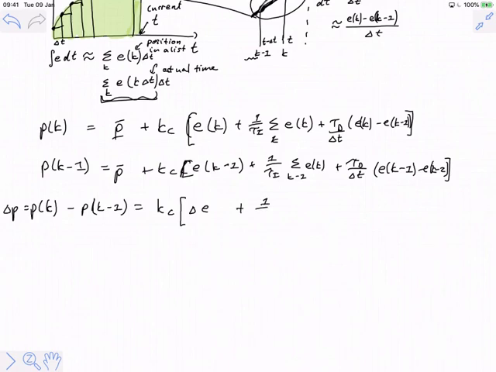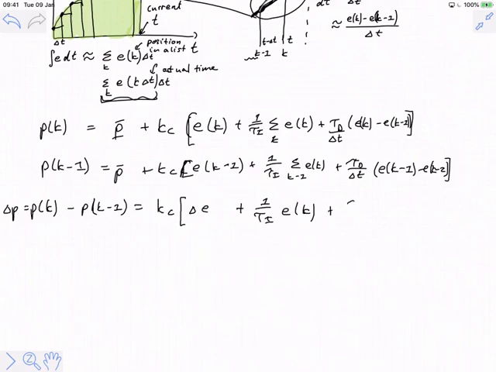I have my tau_I, and if you think about those sums, the one sum goes all the way to k, and the other sum goes to just before that. And so if I subtract those sums from one another, I'll just get the last error, right? And so I'll end up there with e_k. So notice at this point I have saved myself having to keep a running total, right?